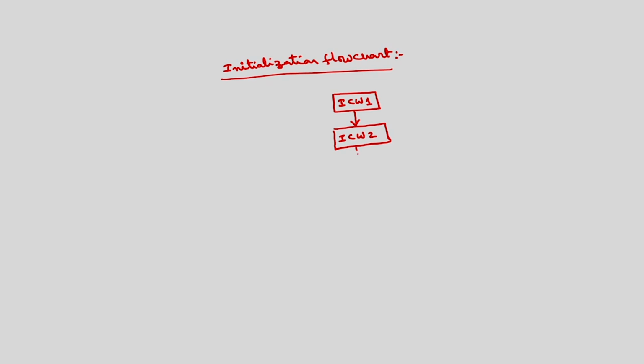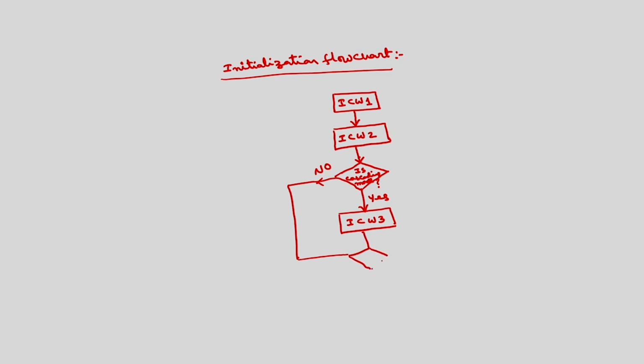Then the third one, ICW3, will be initialized only in the cascading mode. So it will check whether this is a cascading mode or not. If yes, it will go to initialization control word 3, ICW3. If no, it will skip ICW3, which is not required, and check the next condition: is ICW4 needed?